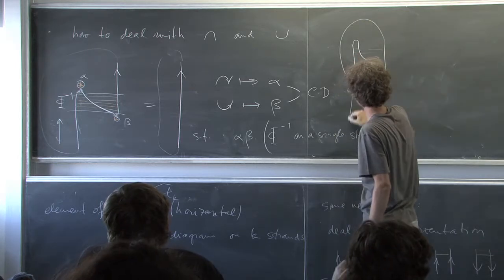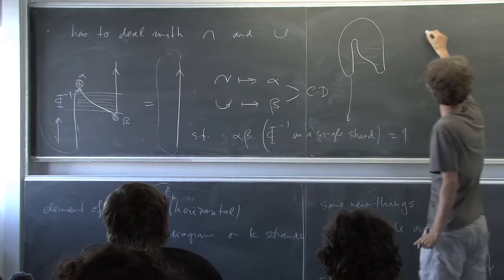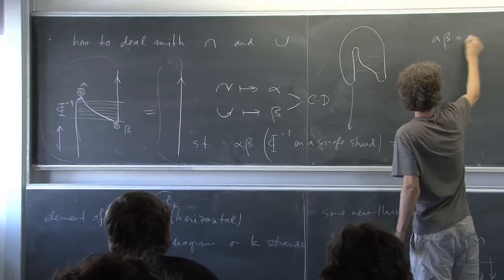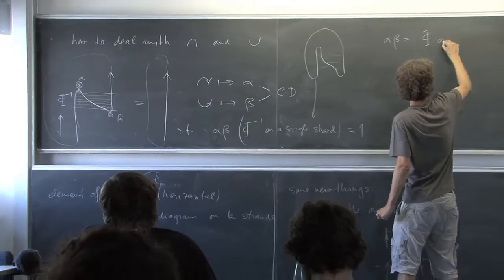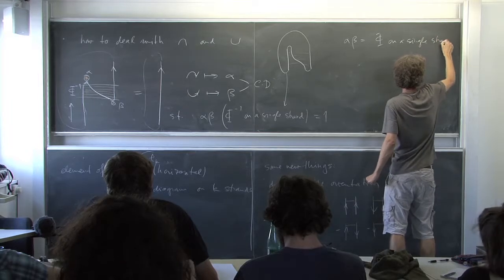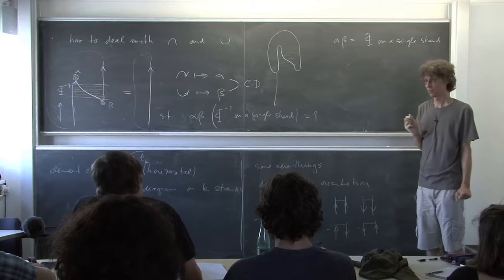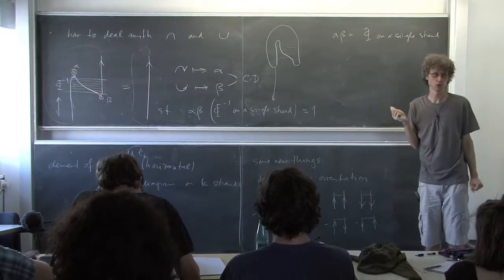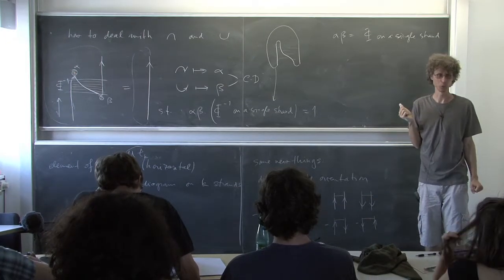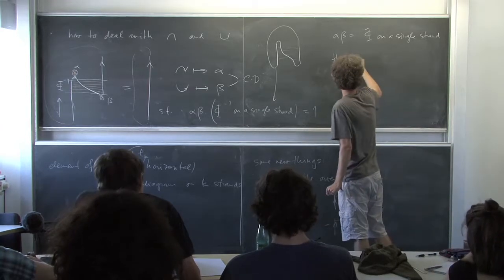That's what I mean by this. Or in other words, alpha times beta is equal to phi on a single strand. Now one needs to choose. The best choice turns out to be when we take the square root of the thing. So the usual choice.